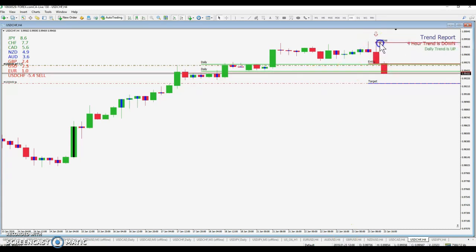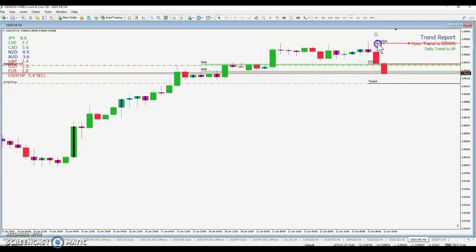Now, as you can see, we had the high here, and then we had a lower high here, and broke our low here, and made a pretty good push to the downside with not much of a wick to the downside there. So that's why I put in a sell stop here. So we've got a lower high and a lower low, and that's why I was going with this trade.